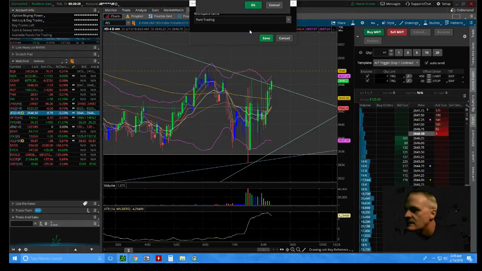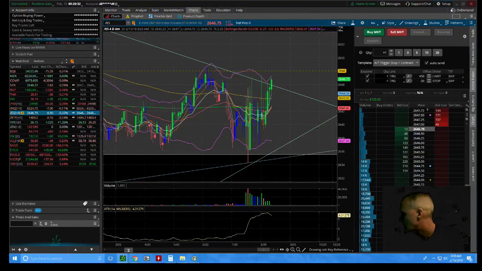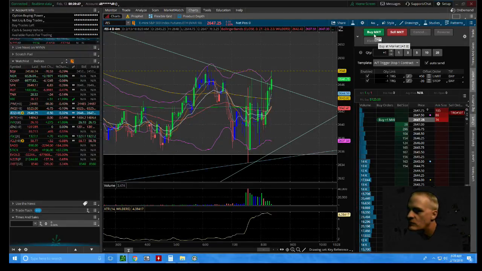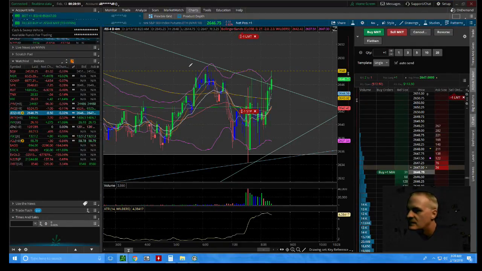And see, now we're seeing it. We're seeing this break up and above. So this might be a spot to buy if I see a pullback here. A little bit of a pullback.